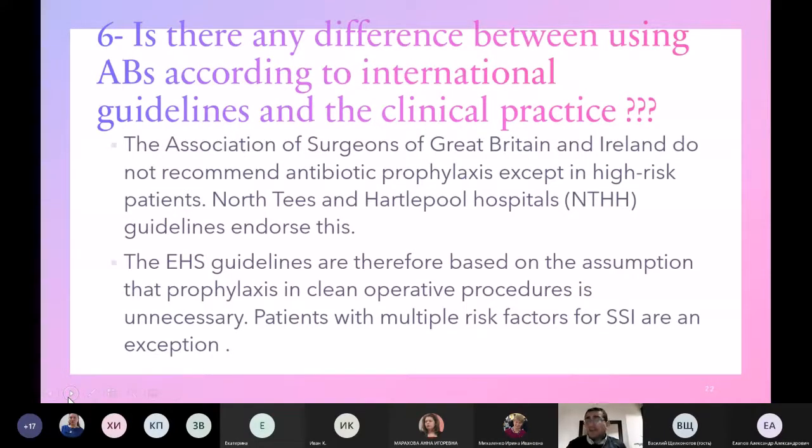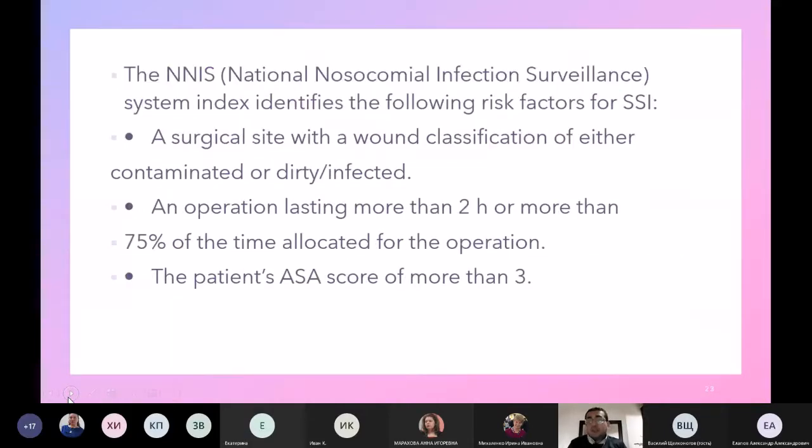So, is there any difference between using antibiotics according to international guidelines and clinical practice? The Association of Surgeons of Great Britain, and also the European Hernia Society guidelines, with the National Nosocomial Infection Surveillance system index, identify the following risk factors for surgical site infection. A surgical site with a wound classification of either contaminated or dirty infected must take antibiotics.